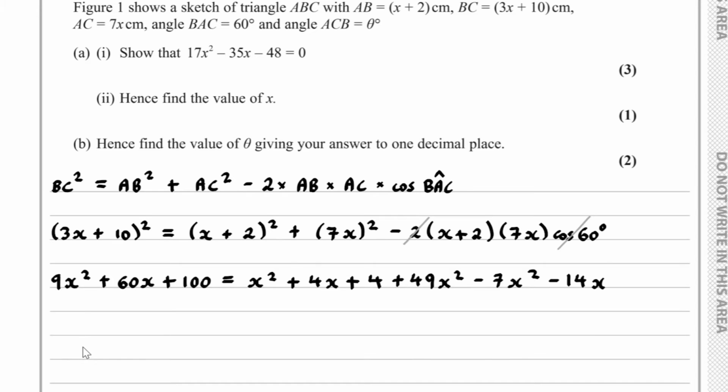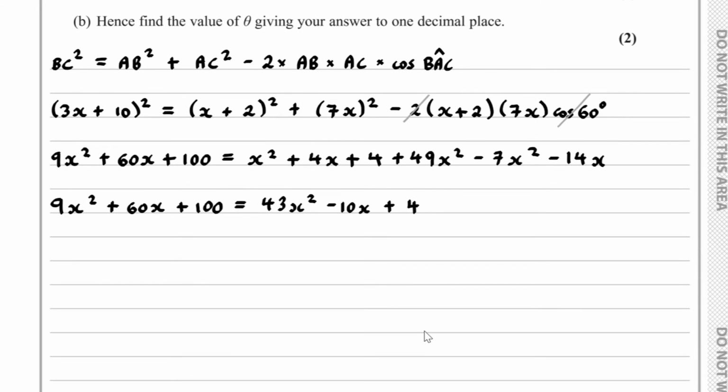And so if we simplify, the left hand side remains the same as 9x squared plus 60x plus 100, and on the right hand side, x squared plus 49x squared subtract 7x squared, that's 43x squared. Then we have 4x subtract 14x, so that's negative 10x, and then we have the plus 4.